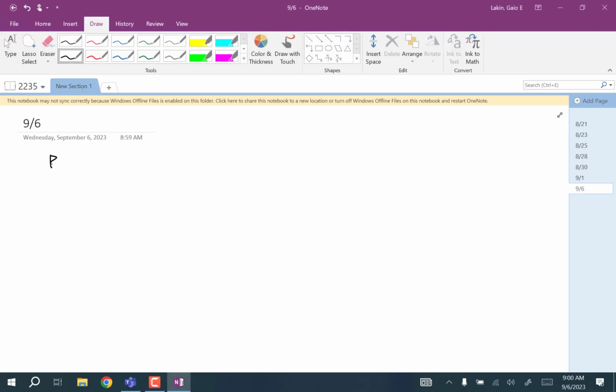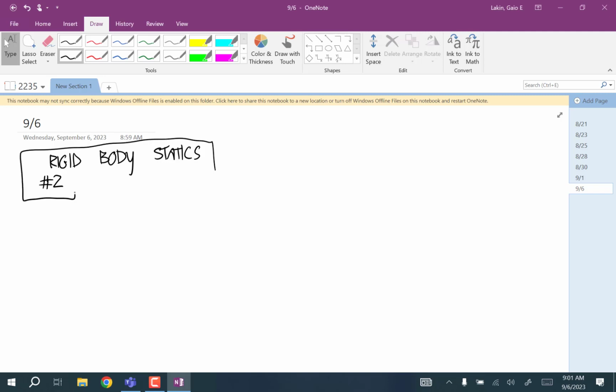This is rigid body statics number 2. We have a rigid body like this, and the dimensions are 1 meter high, half a meter wide.